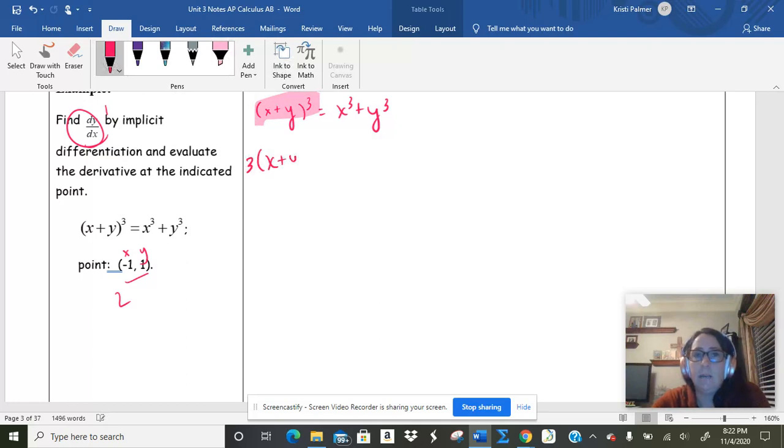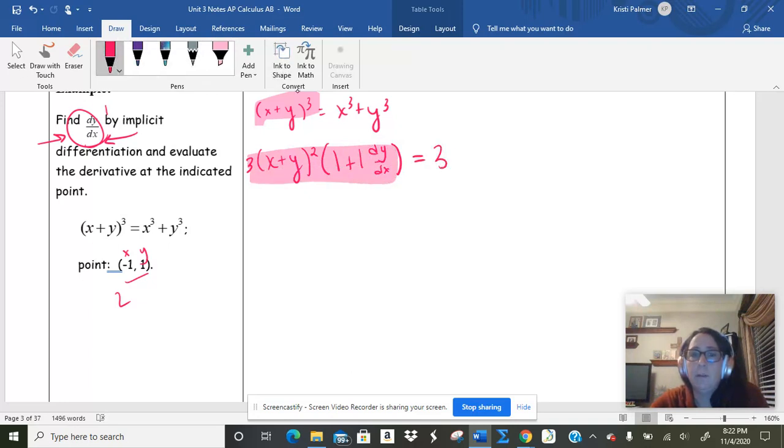Derivative of the outside, leave the inside alone, times the derivative of the inside. But now I am differentiating with respect to x. So when I take the derivative of x, I don't need to say dx dx because that's just 1. Plus the derivative of y, but I do have to put dy dx. So there's the derivative of that piece.